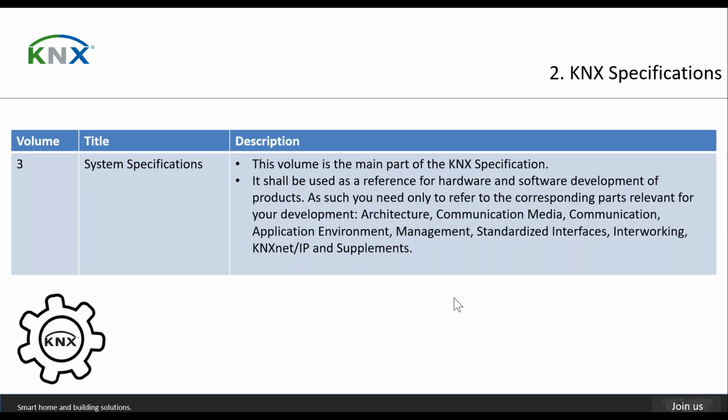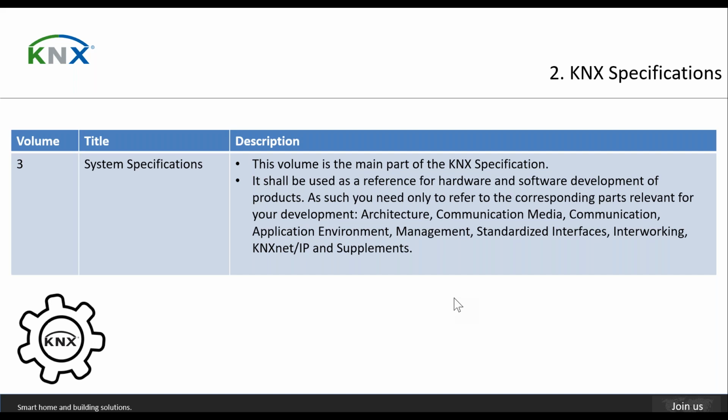Volume 3, system specifications, is the most popular and the largest, probably. It is used as a reference for hardware and the software development. And here, for instance, you may find the data point types. Data point types is how data is shared between KNX devices.